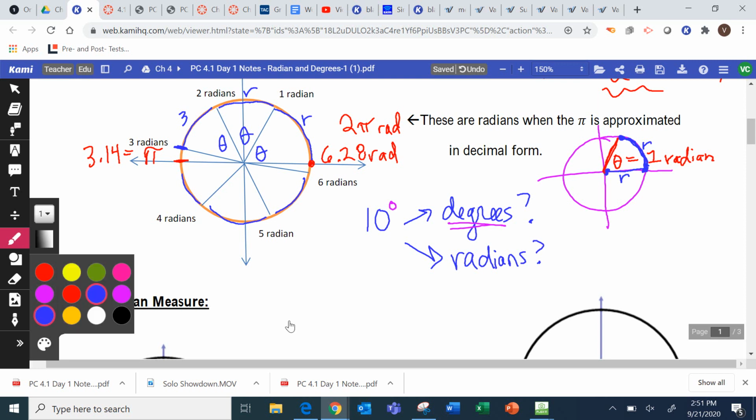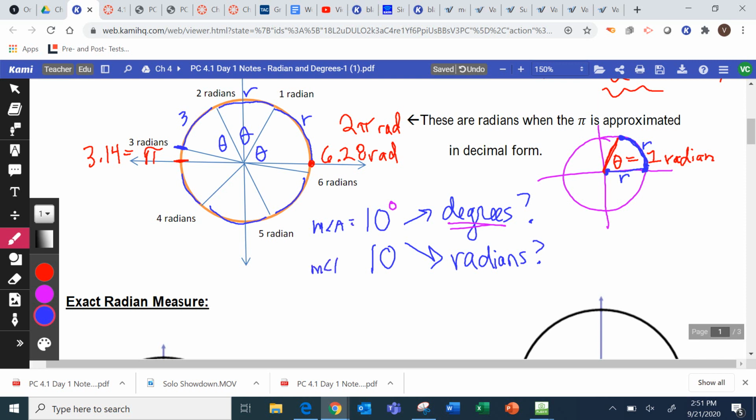If it's radians, there will not be a degree symbol. So if we're talking about an angle, say the measure of angle A is 10 degrees or the measure of angle A is 10. If there is a degree symbol, then we know it's degrees. If the degree symbol is not there, we have to know it's radians.